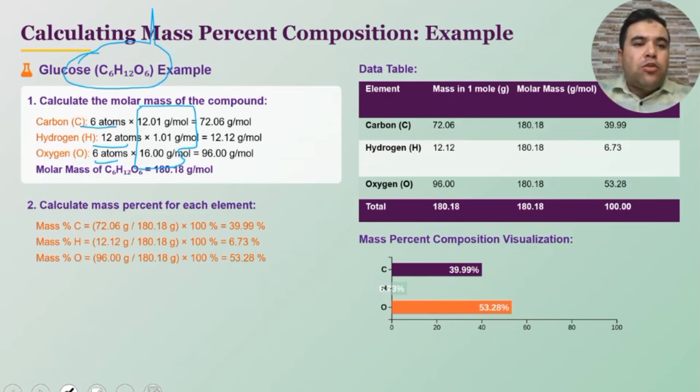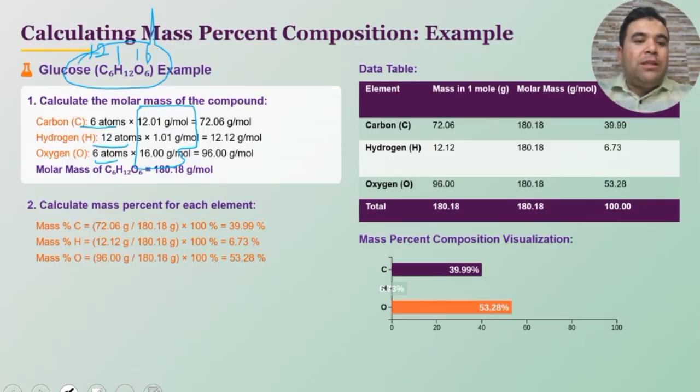So the molar mass of carbon is 12, hydrogen is 1, and oxygen is 16. How to calculate the molar mass of C6H12O6? By multiplying the molar mass of one atom of those elements by the subscripts, the number of those atoms in that compound.